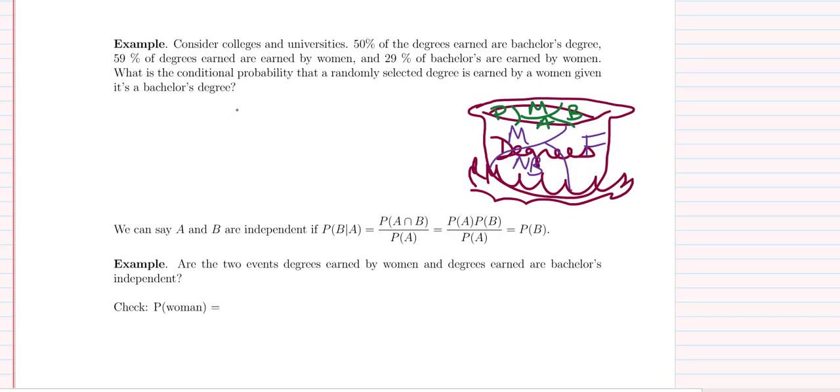What is the conditional probability that a randomly selected degree is earned by a woman given it's a bachelor's degree. So pay attention to this word given. It tells us what order things go in.